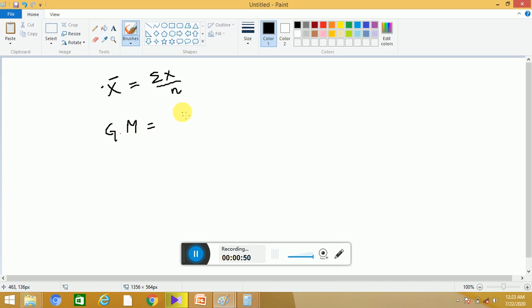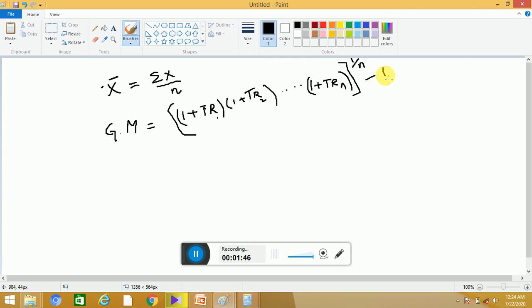it is equal to (1 plus total return 1) multiplied by (1 plus total return 2), and so on, (1 plus total return n), then bracket close, raised to the power 1 divided by n, minus 1.